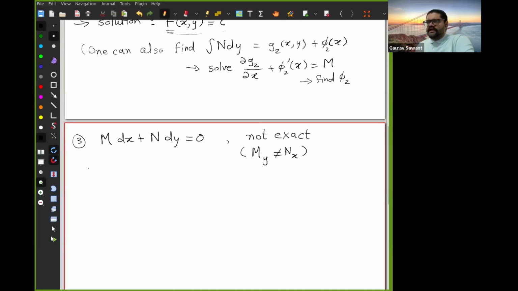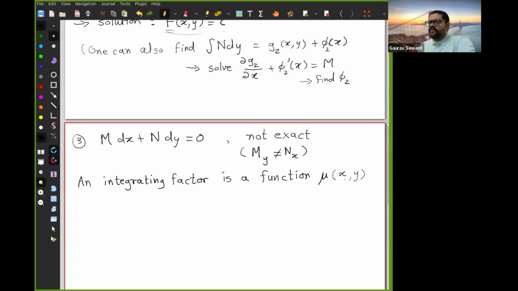But what works is if we multiply throughout by a suitable function mu, then this equation may become exact. So an integrating factor is a function mu, which typically involves both the variables, or it can involve only one of them.